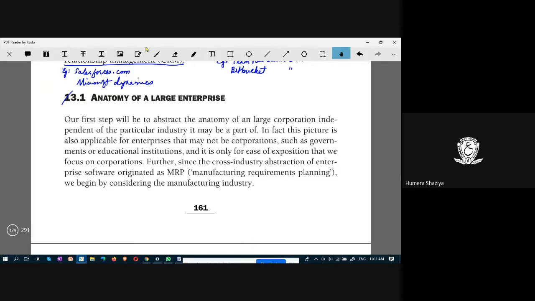Going ahead, we will look at the anatomy of a large enterprise. What does a large enterprise comprise of? What are its components? What are its subsystems?